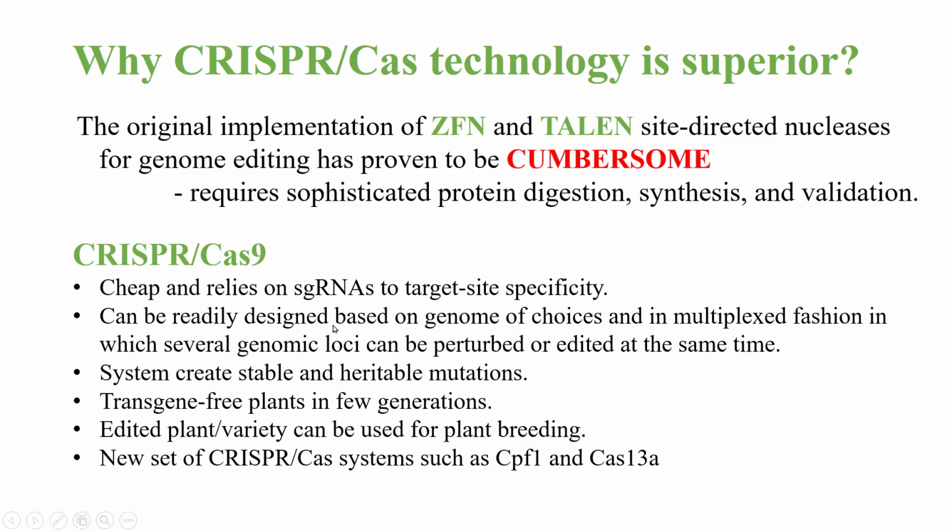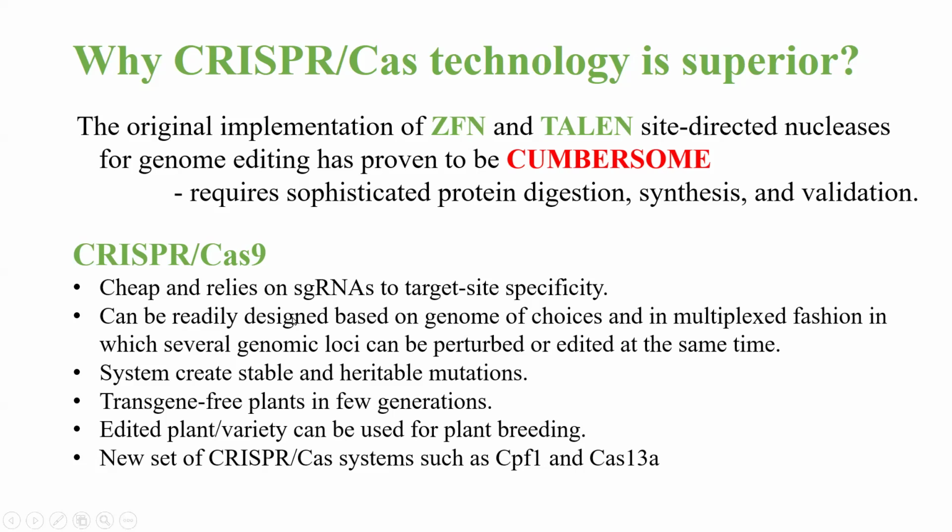It can be readily designed based on the genome of choice and in a multiplex fashion, in which several genomic loci can be perturbed or edited at the same time. This is really fantastic. You can target several genes to correct or edit at a time, and it is called multiplex fashion.